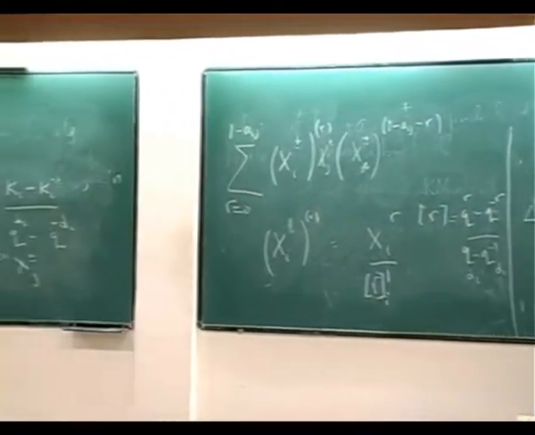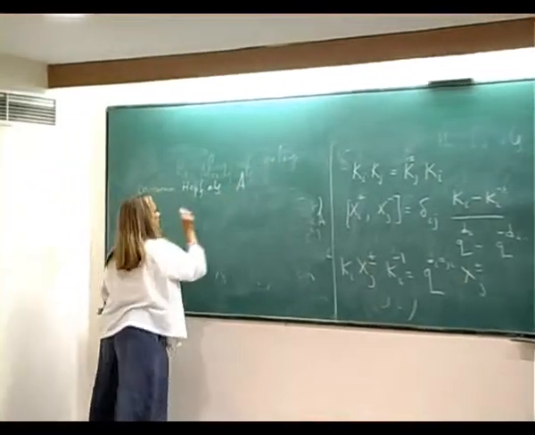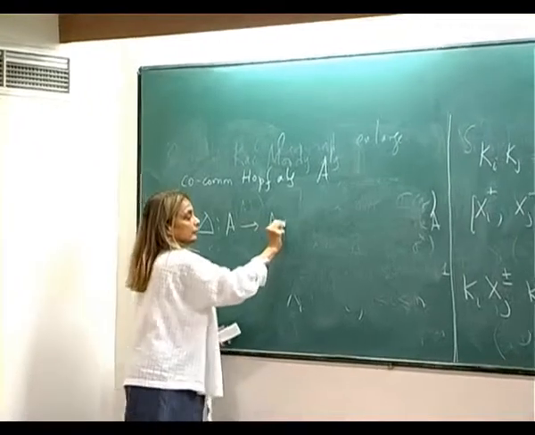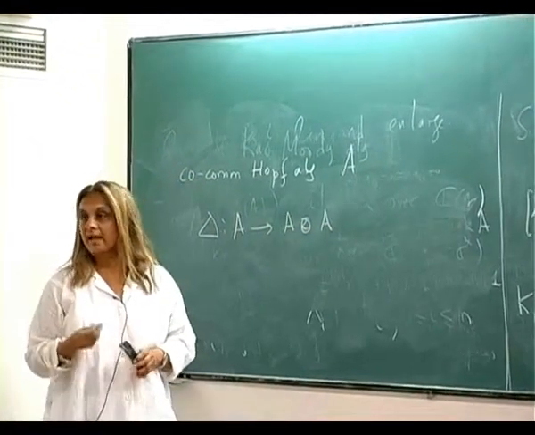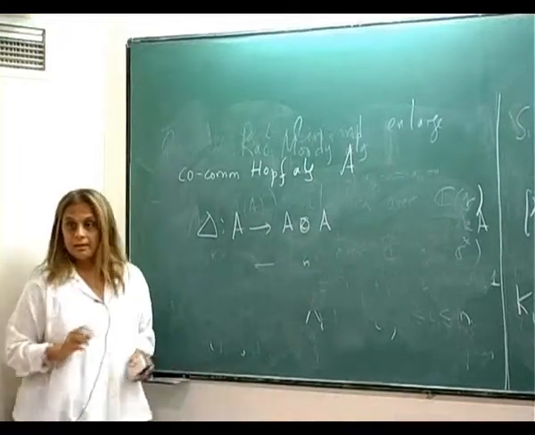So what is a co-commutative Hopf algebra? Supposing we had our Hopf algebra A, and you have your co-multiplication from A to A tensor A. You should always think of this as reversing arrows. The multiplication would have gone the other way.